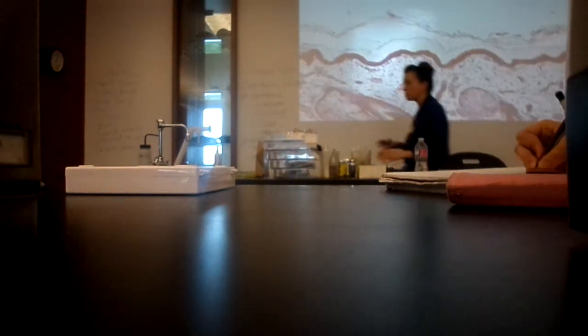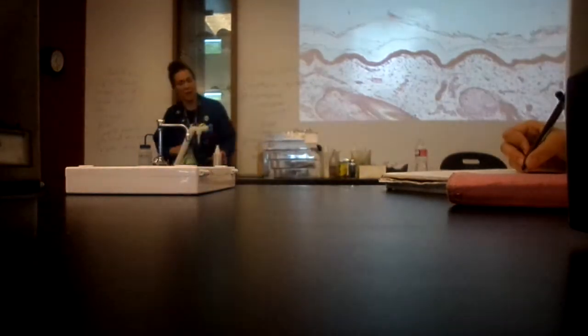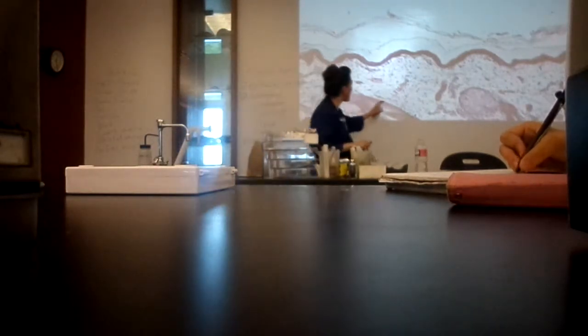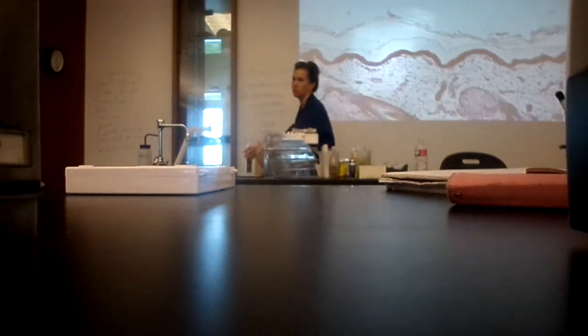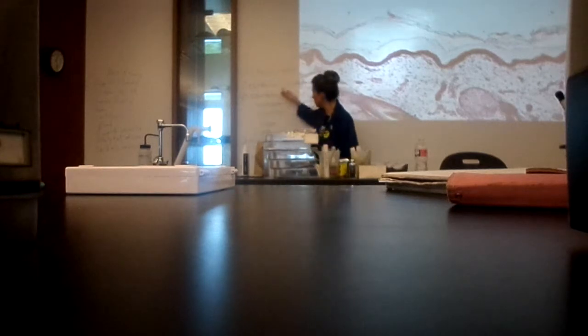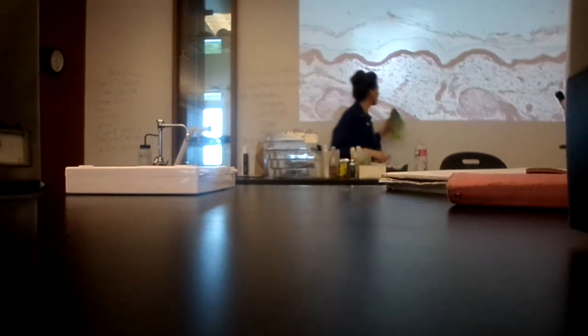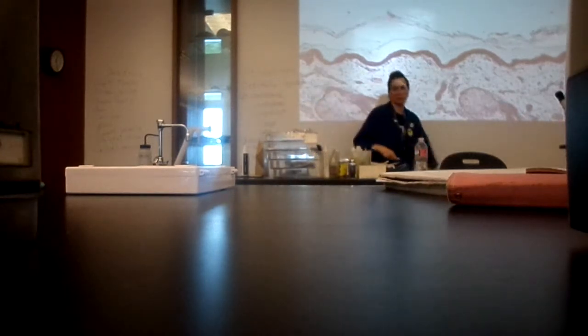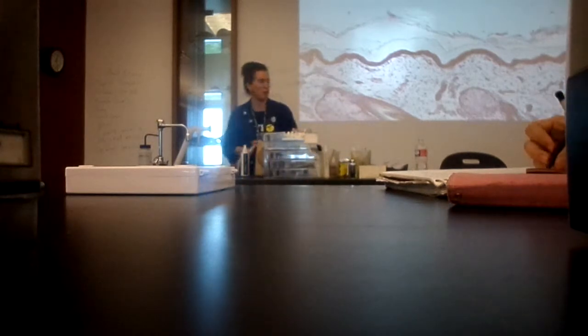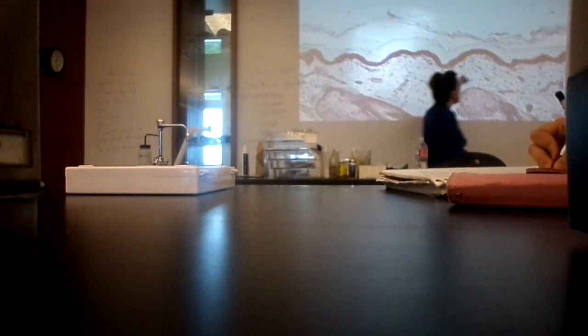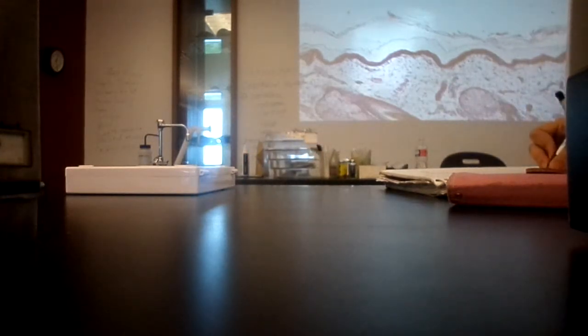Because the epidermis is actually made up of 5 different layers of epithelial tissue. I'm only going to hold you responsible for 2. The very top layer right here, the part that you flake off, is called the stratum corneum.